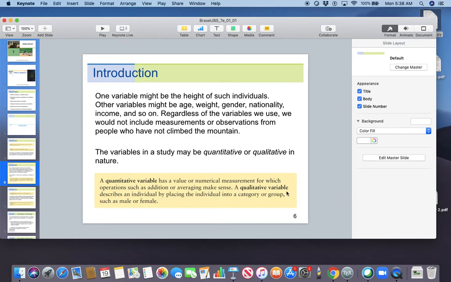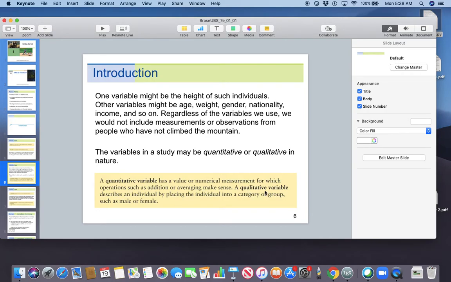A qualitative variable describes an individual by placing the individual into a category or group, such as male or female. So that's the difference. Quantitative means quantity. Quantity is a numerical measurement. You see, numerical measurement, that is, you know to add quantities, you know to average quantities.